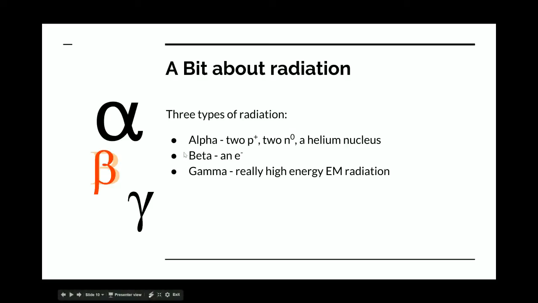When they finally do fire off an alpha or a beta particle and thus turn into a different element, they turn into a high energy, unstable form of that element, which will then relax down and release a lot of gamma radiation. So radioactive isotopes will constantly be giving off gamma, and every time they undergo an alpha or beta decay, they'll also give off gamma. So that's what we're looking at there.